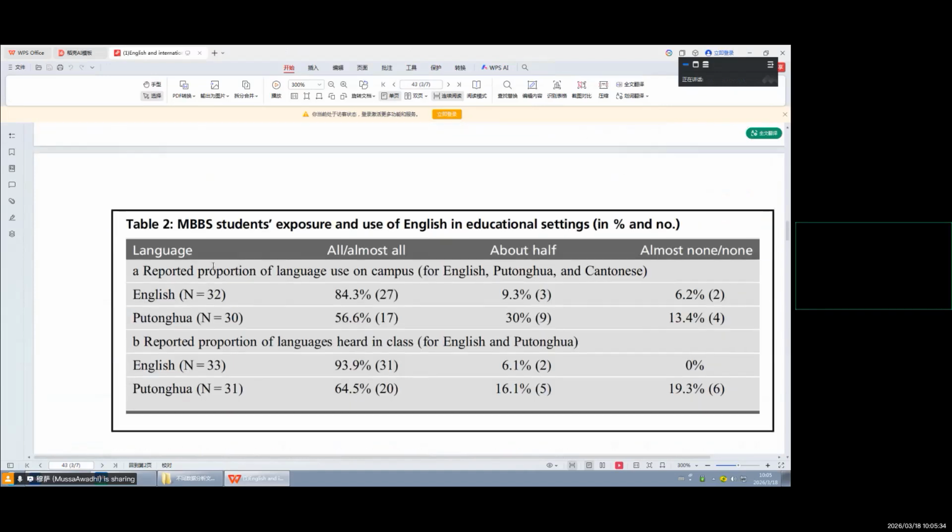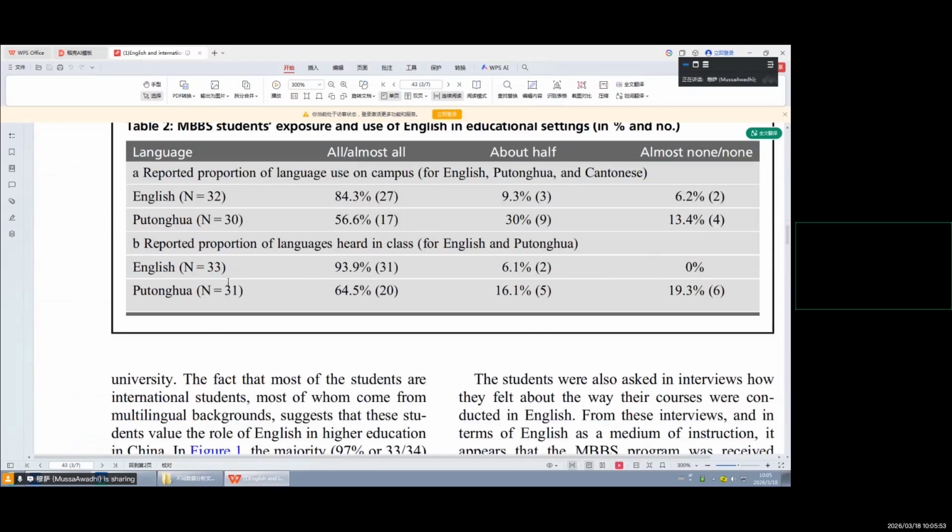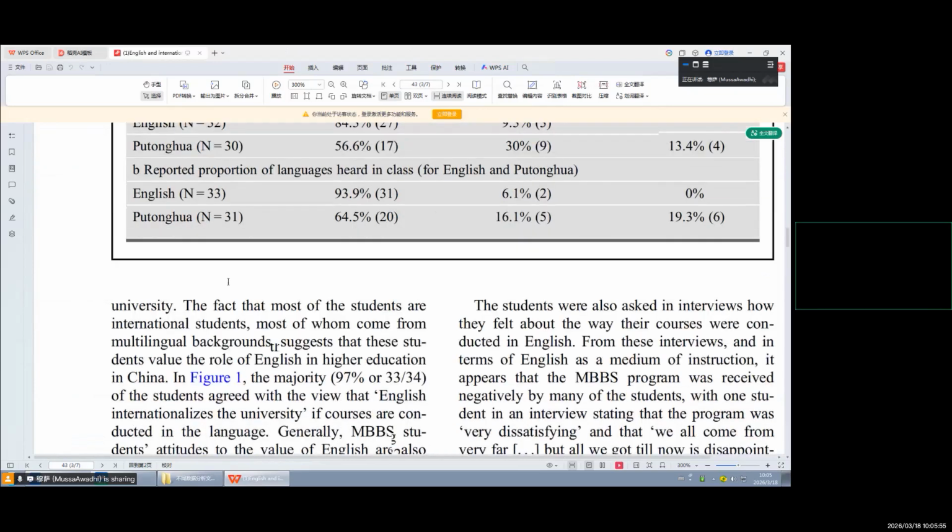Okay, the instructional language. And the English, the clock. Nobody has the clock. No. Yeah. The Mandarin. Yeah. And these figures.